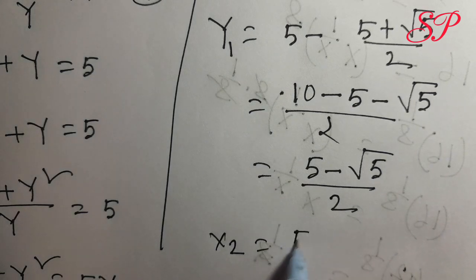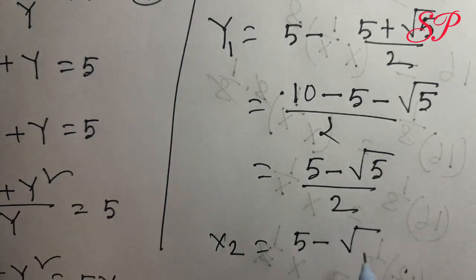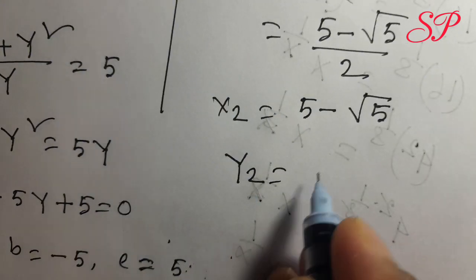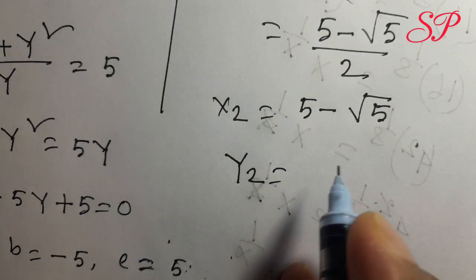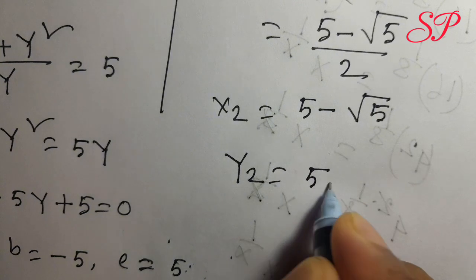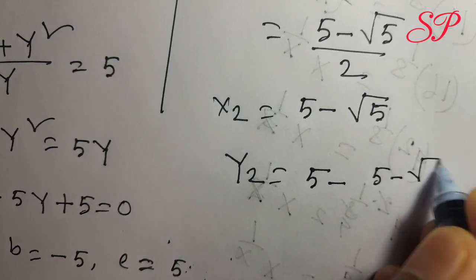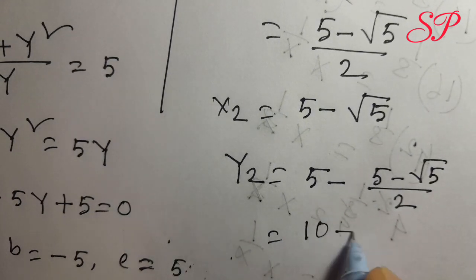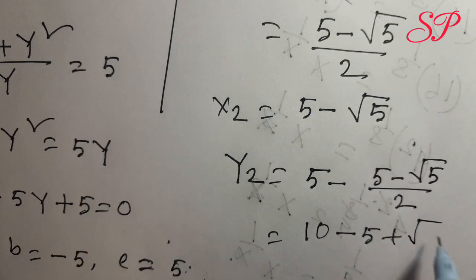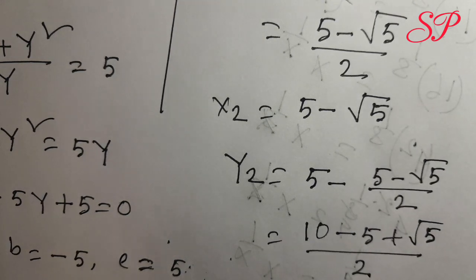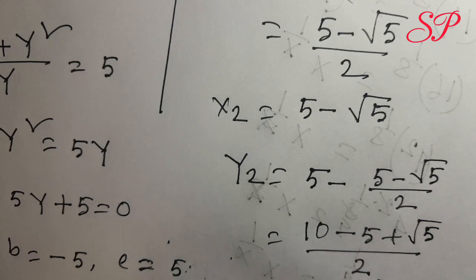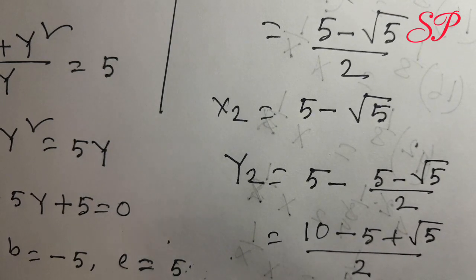And for x2 is equal to 5 minus root 5 by 2, y2 is equal to 5 minus (5 minus root 5) by 2, which is equal to 10 minus 5 plus root 5 by 2, so 5 plus root 5 by 2.